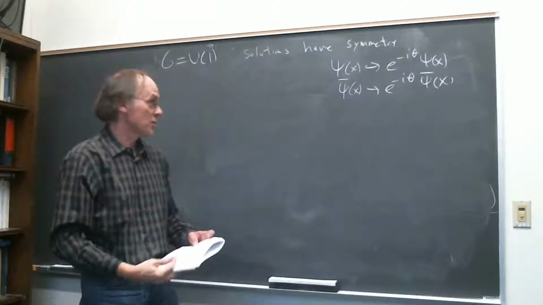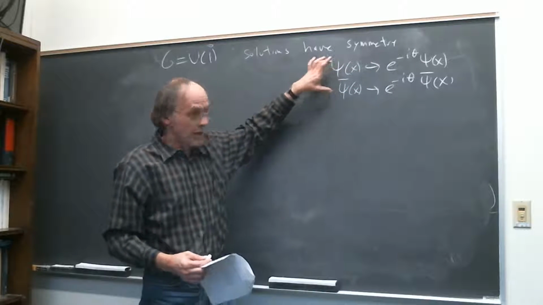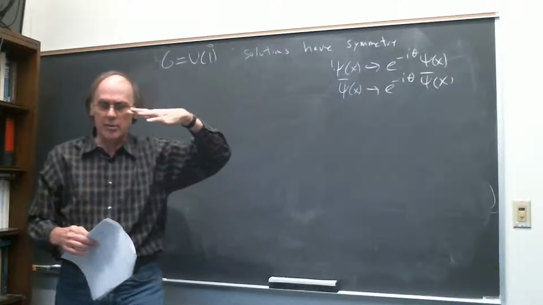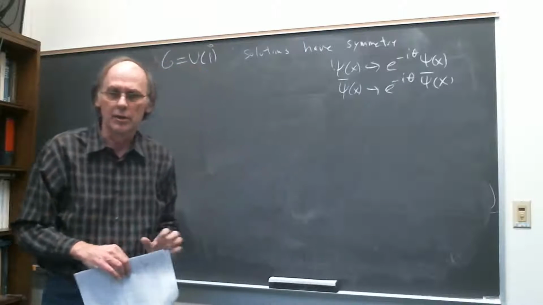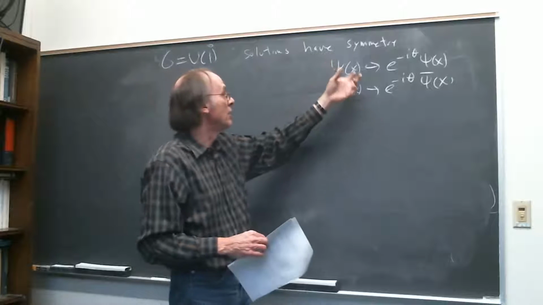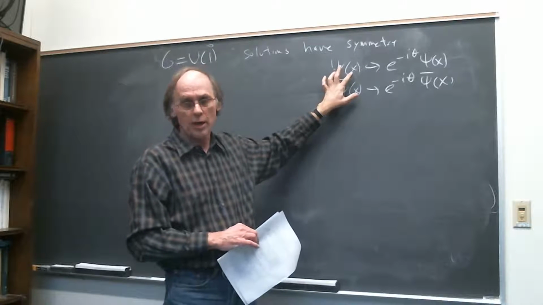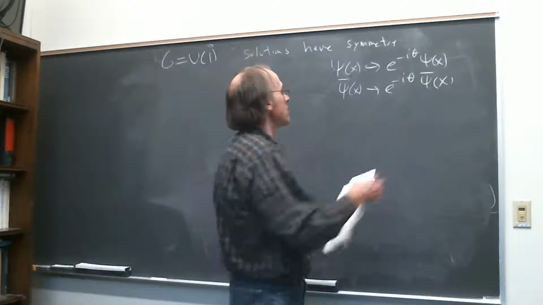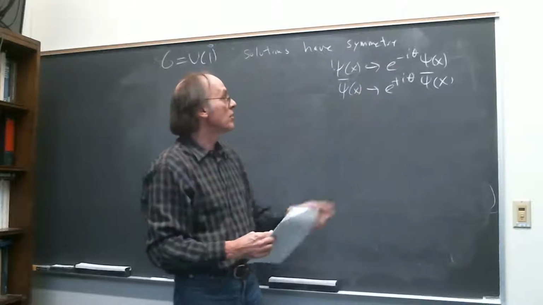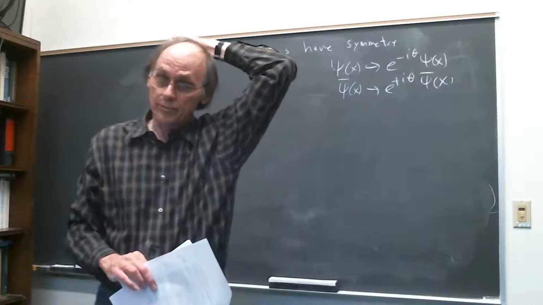Or you could also do this on the Fourier transforms of these, which are the momentum space things called alpha or alpha bar. So these are in some sense your coordinates on H1, and you've got this phase transformation symmetry on these things.